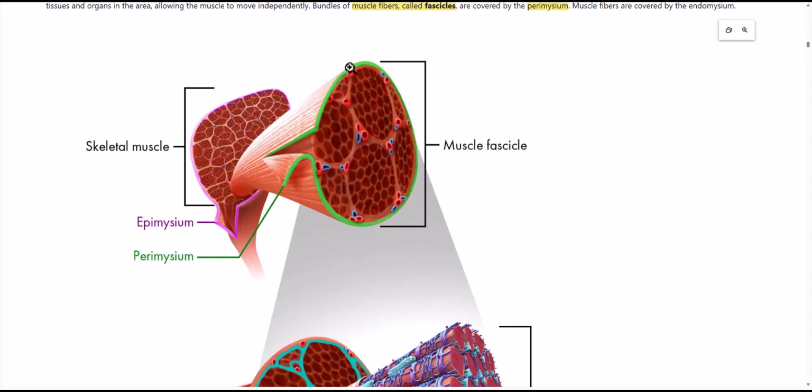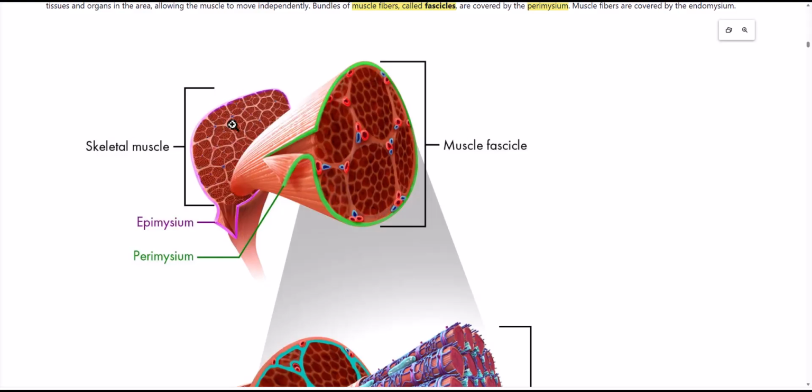And the green layer going around it, the outer layer here shown, is the perimysium. So the perimysium is the connective tissue layer. If we look back, we can appreciate now that what we're seeing in the picture as I'm pointing around it, that lighter color is the perimysium.